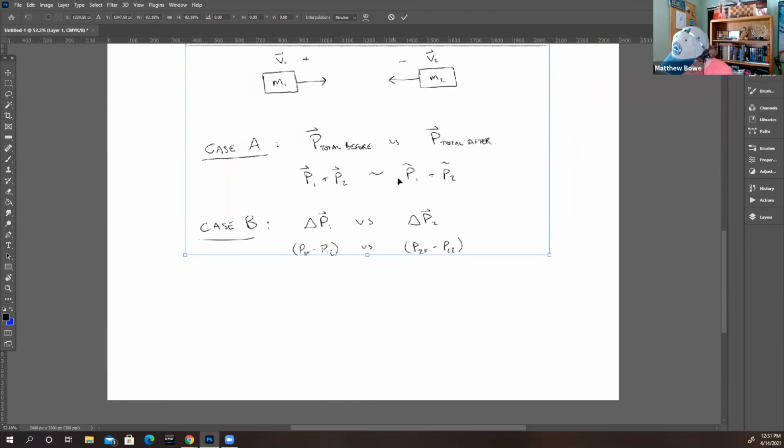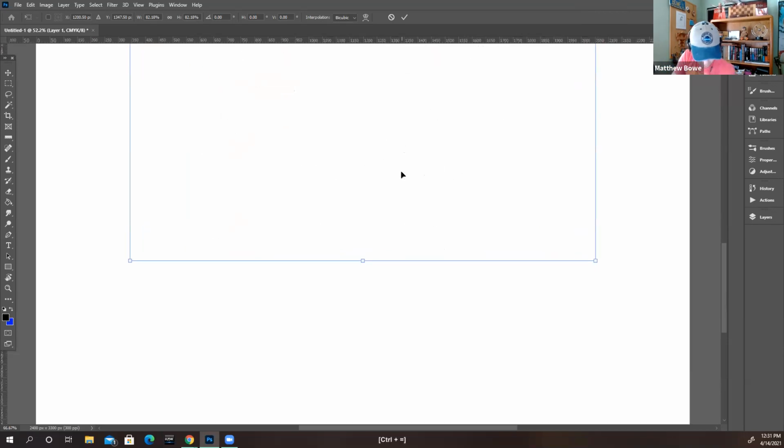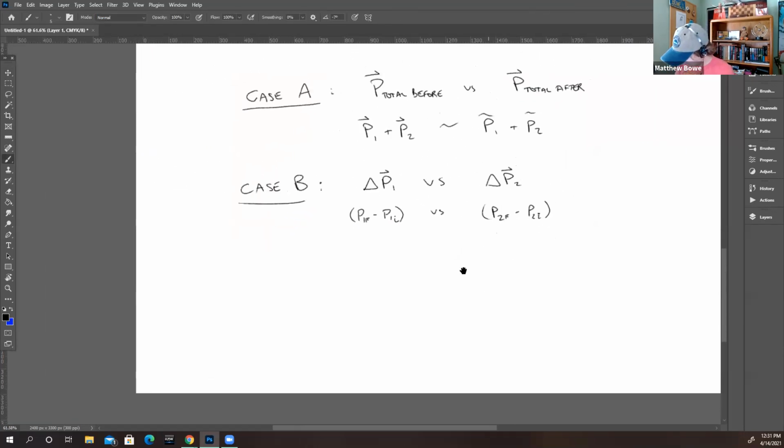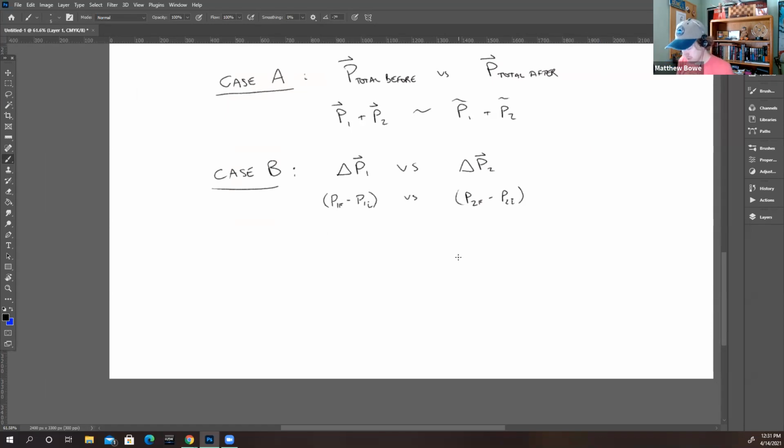Things at the top are going to be tiny. So if we have something that's conserved, it is perfectly equal.